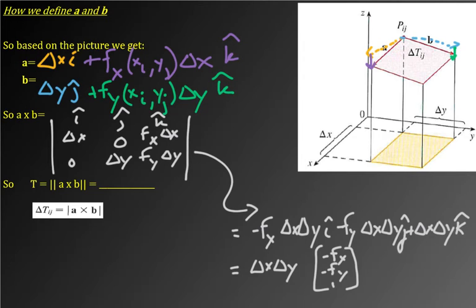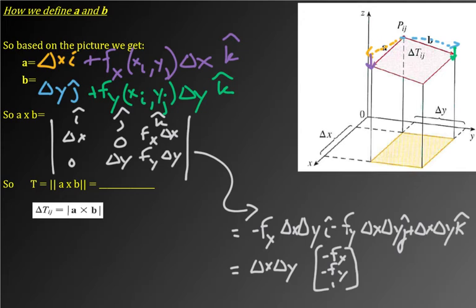And you can see, this is my cross product here, and I had a delta x, delta y, and everything, so I took that out. And then I would be left with negative f with respect to x, negative f with respect to y. It's hard to see, but there's a little space in there. And then for this one, you just take delta x, delta y out, so you have a 1.